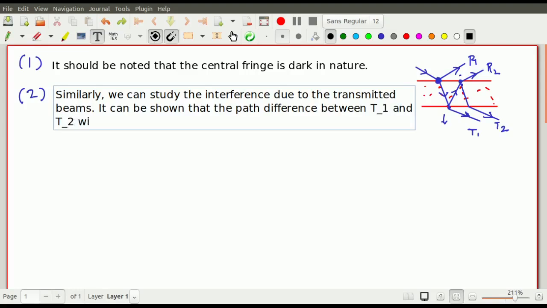It will be the same thing, what was there will come, 2 mu t cos r, just the system instead of upward is in the downward, otherwise it is the same.